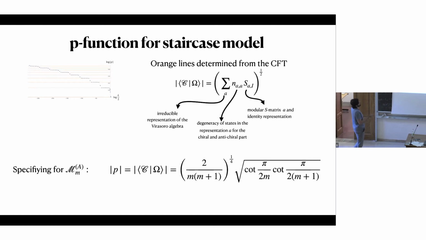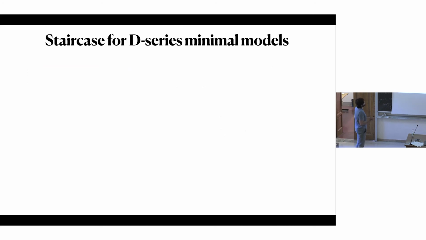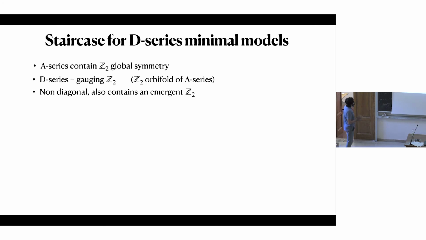We were kind of happy because maybe this is general. So then we started to look at other types of models. In particular, the flow that we have seen interpolates between minimal models in the so-called A series, which are diagonal minimal models. But there's also the D series, which are non-diagonal minimal models, obtained by gauging the A series by its Z2 global symmetry.